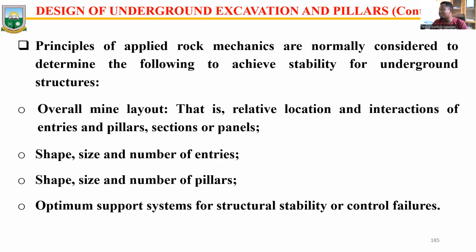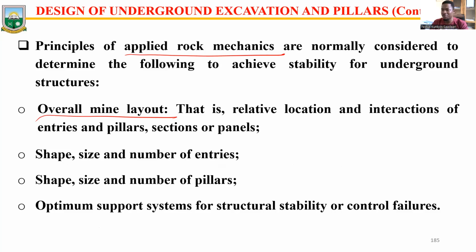The principles of applied rock mechanics, which we have done now, are normally considered to determine the following to achieve stability for underground structures. So we are looking at the overall mine layout, the relative location, and interactions of the entries and the pillars, sections, or panels of the mine.